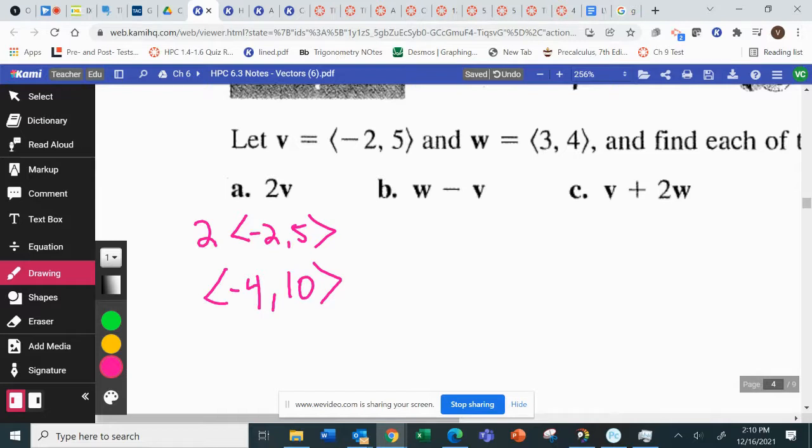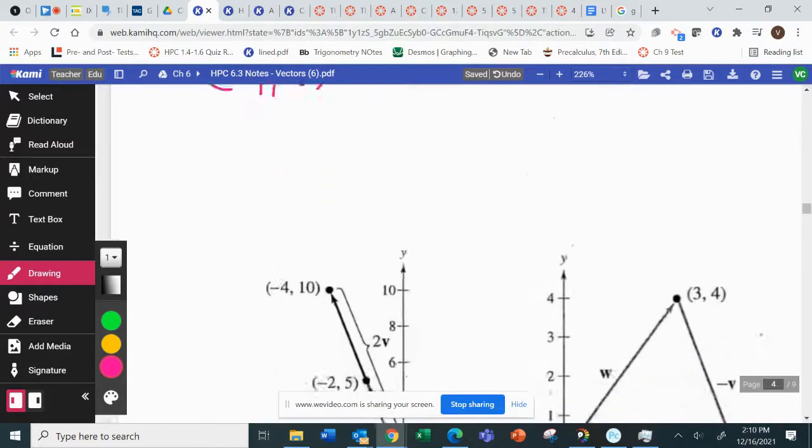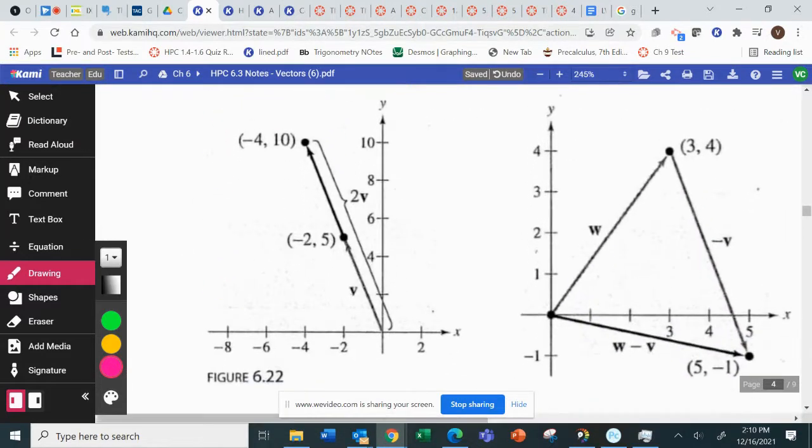Now, because it did not give me the initial and terminal points, you can just decide wherever you want it to start. Where's a good place for these graphs to start? 0, 0. If we have a vector that starts at 0, 0, we're just saying that it's in standard position.